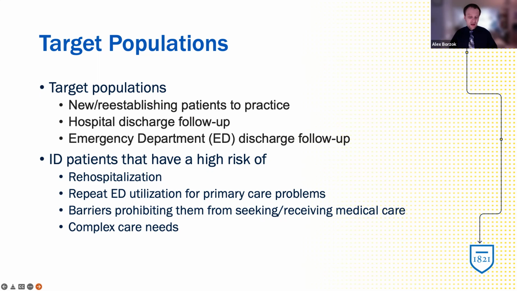One of the things that a transitions of care program looks at is not necessarily comorbidities, but it looks at the entire picture as a whole to try and predict whether or not this patient has a potential for rehospitalization or increased reutilization of the emergency department, along with assessment of barriers.